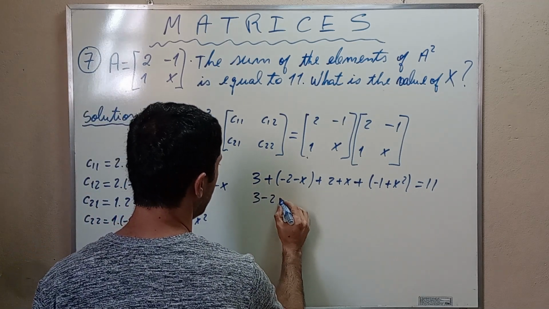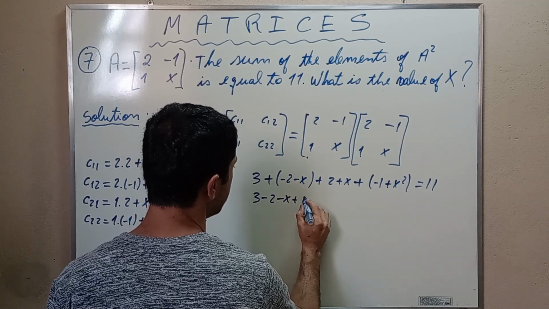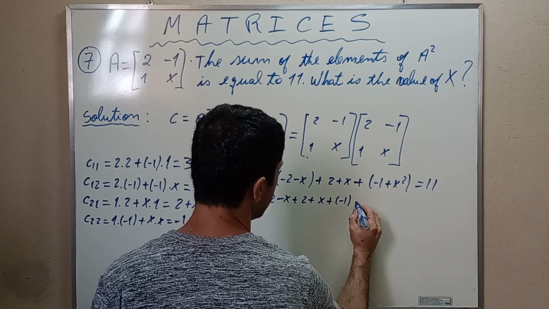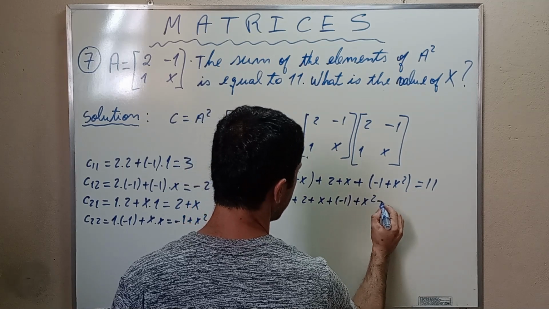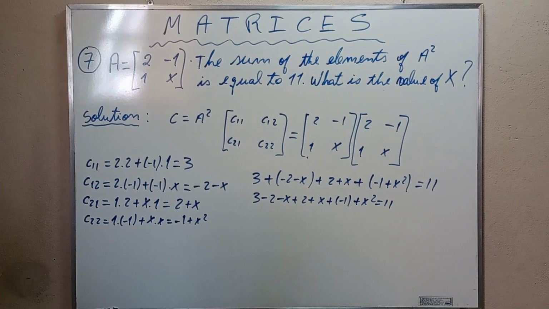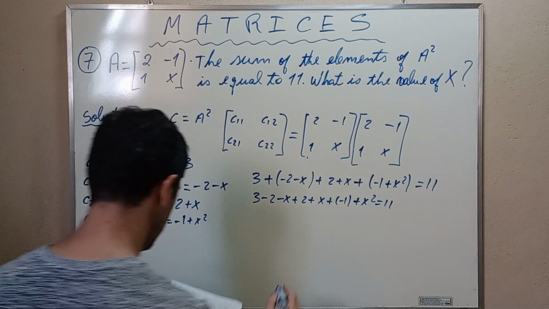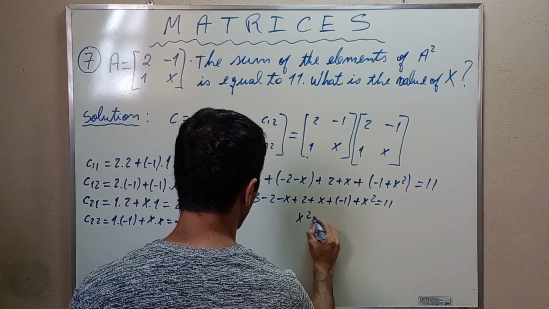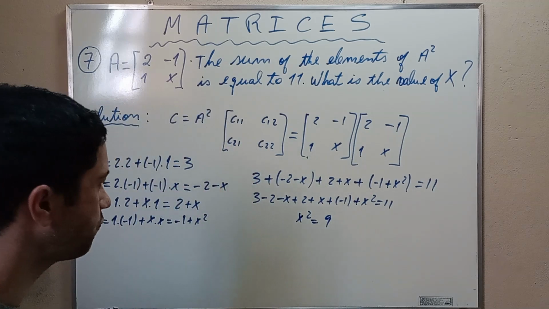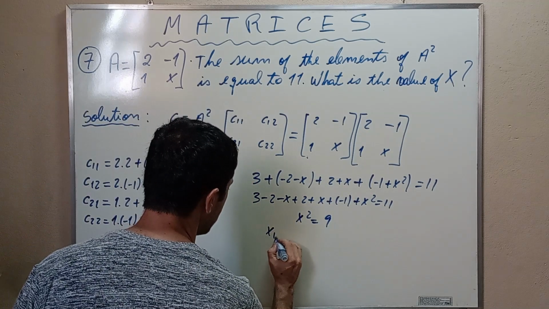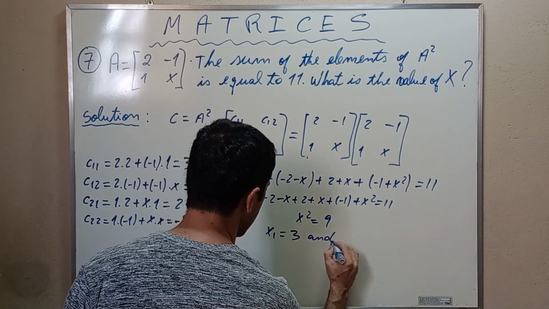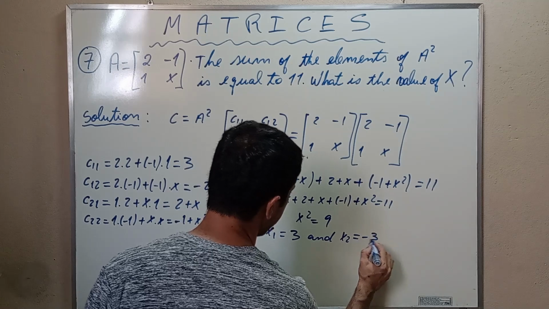Three minus 2 minus x plus 2 plus x plus negative 1 plus x squared equal to 11. And in the end we find that x squared is equal to 9, whose roots are x1 equal to 3 and x2 equal to negative 3.